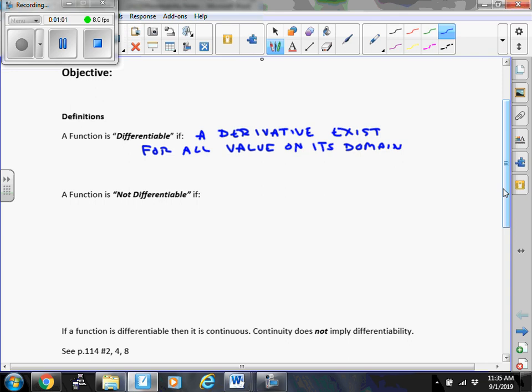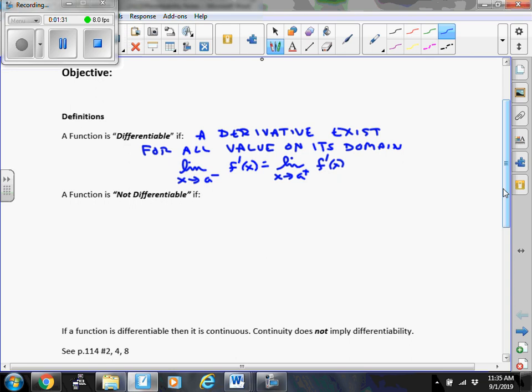but to prove it, to justify for all values of x, the limit as x approaches a on the negative side of the slope must equal the limit as x approaches a on the positive side of the slope. It does not also require it to actually be at the point.